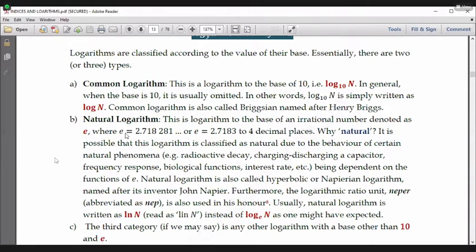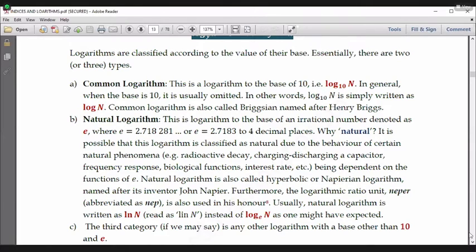So we talk about natural logarithms, or sometimes we call them Napierian logarithms, from the author John Napier. So that is what we call LN, from Napier, natural logarithms. When we are going to look at this, we may have to calculate numerical values using common logarithms or natural logarithms.